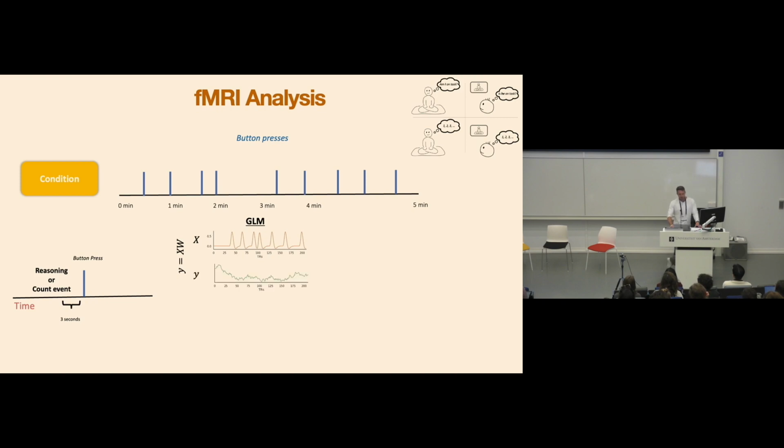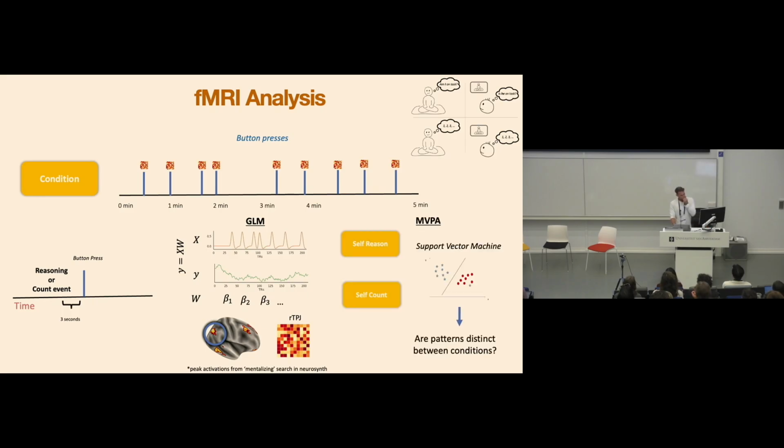And then we extracted regression coefficients from the resulting brain map for 5 regions in the default mode network selected using the peak activations from a search of mentalizing on Neurosynth. And from these, we conducted MVPA analysis, which essentially asks whether the regression coefficients from one condition are linearly separable from another condition. So, for example, whether the pattern for reasoning is different than the pattern for counting.